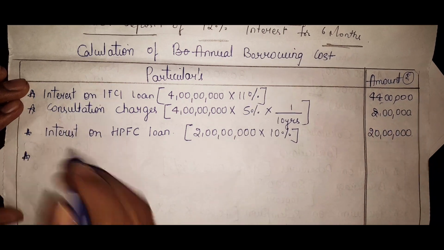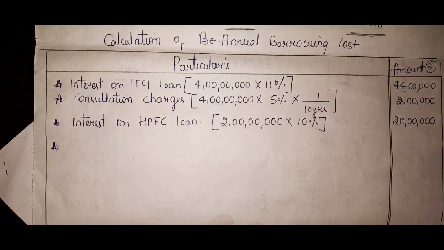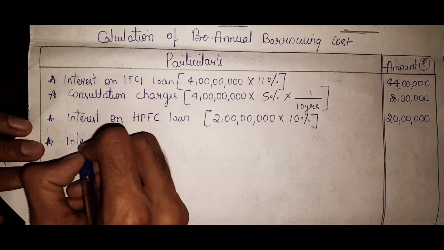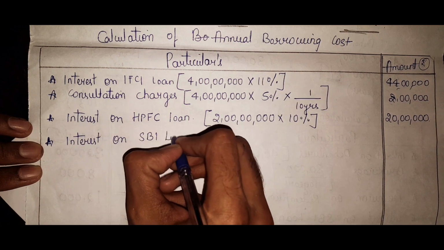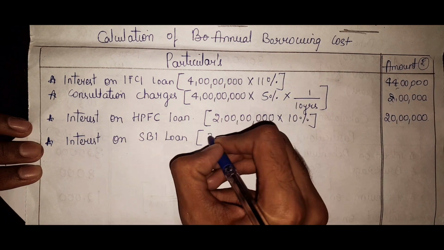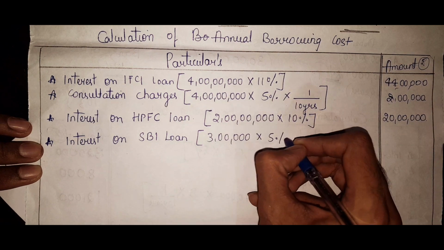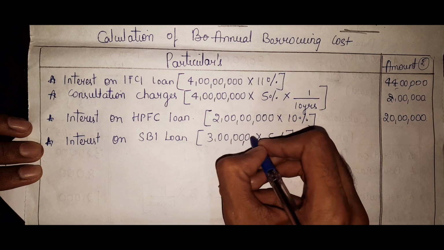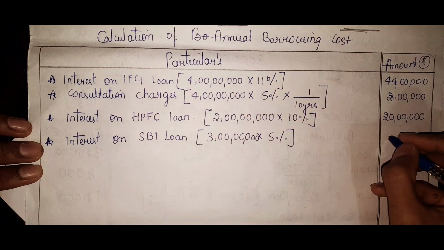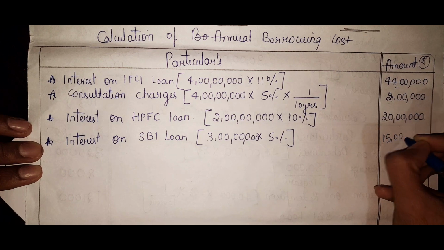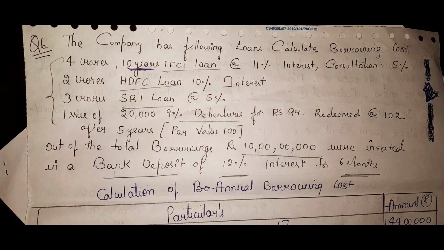Next we have the SBI loan, 3 crores at 5%. Interest on SBI loan, that is 3 crores into 5%, which will be 15 lakhs.